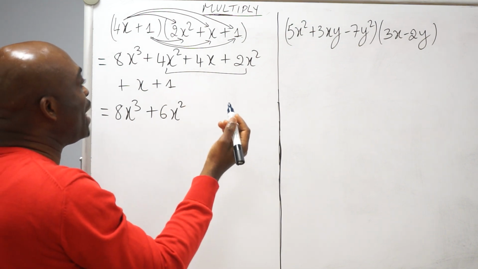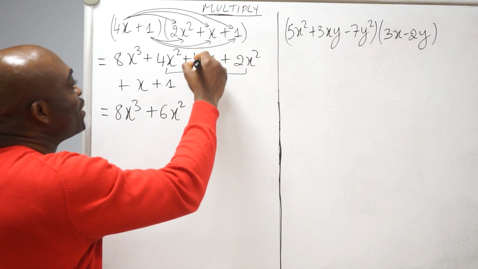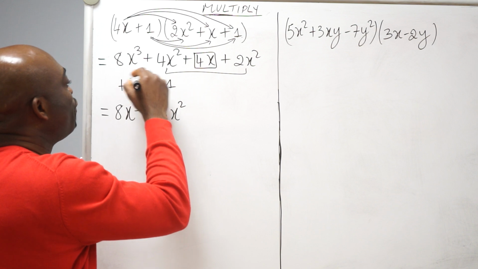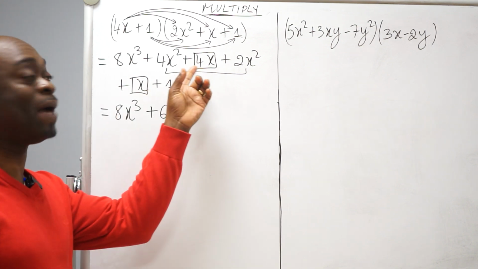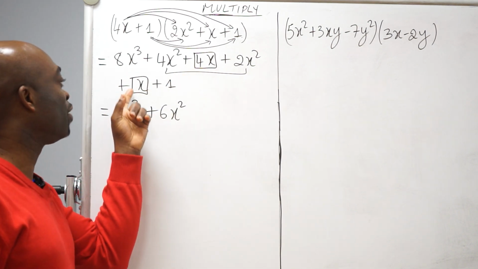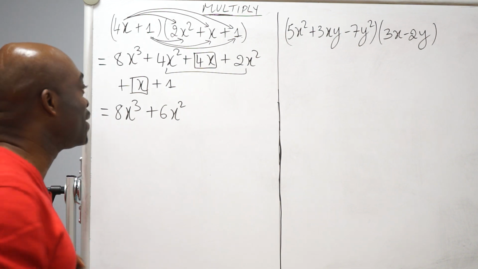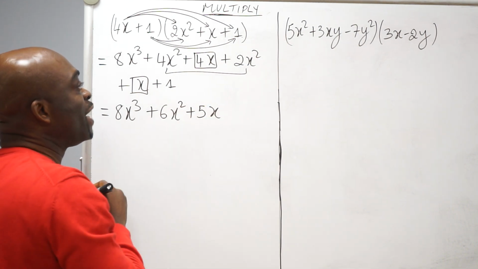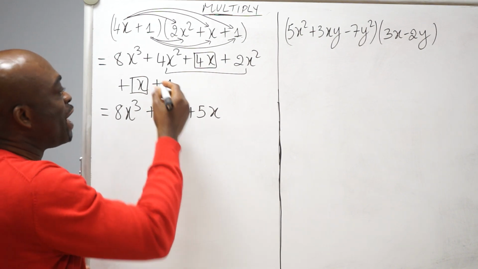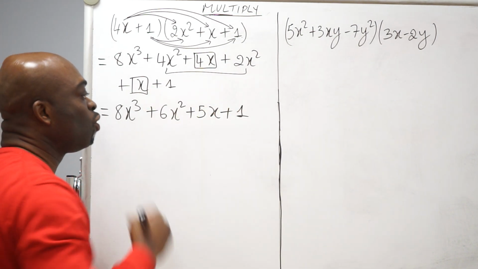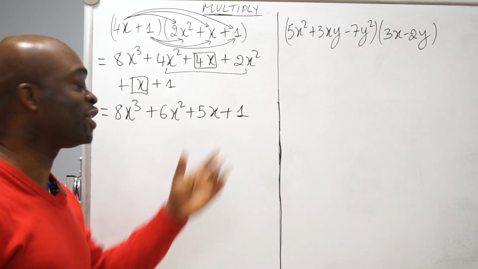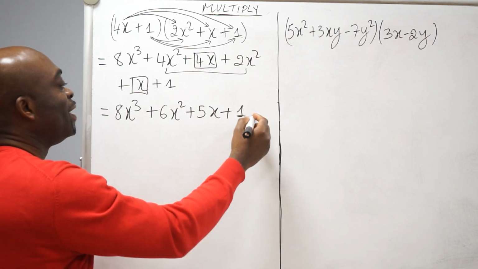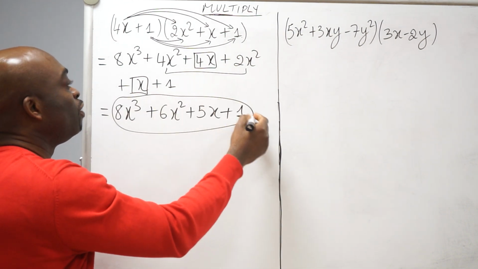And then what else can we combine together? So we have 4x here that we can combine with x here. And the 4 is a positive number, and then the 1 over here is also a positive number, so it just makes life a lot easier. So it's 4 plus 1, which is 5, so 5x. And then what else do we have? We have 1, which is by itself. So 1 has nobody to play with, so 1 is back by itself. All right? And ladies and gentlemen, we are done with the first problem.